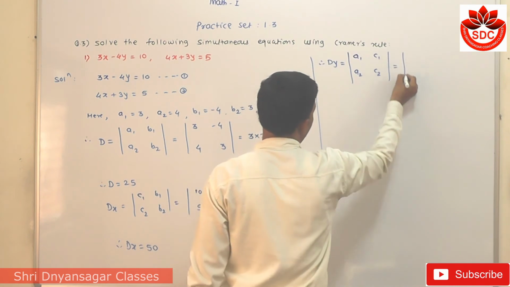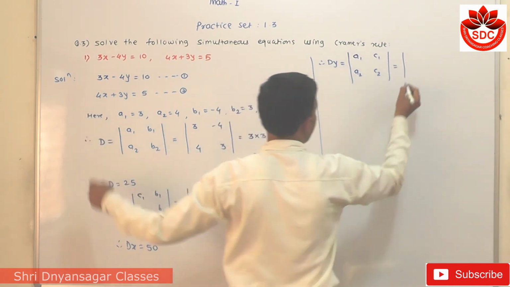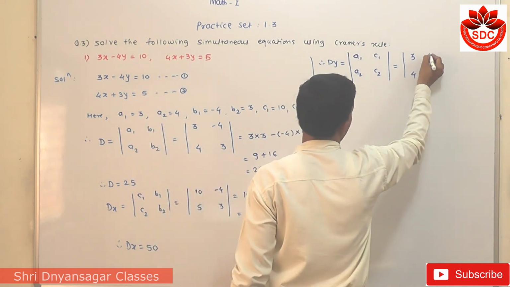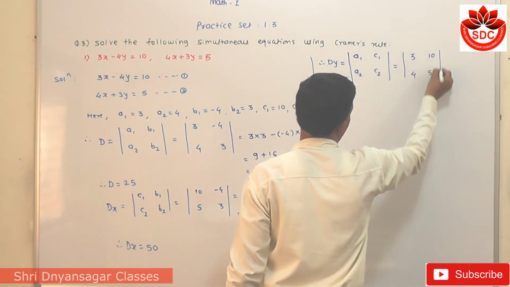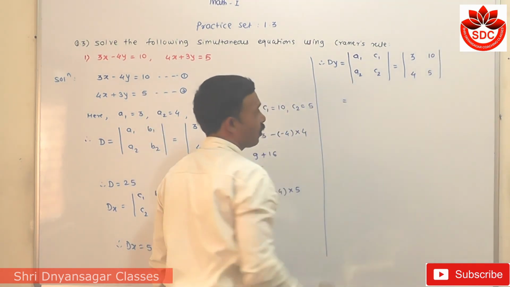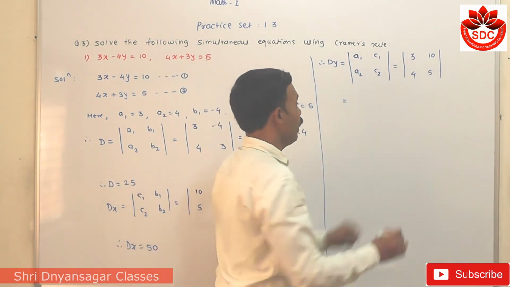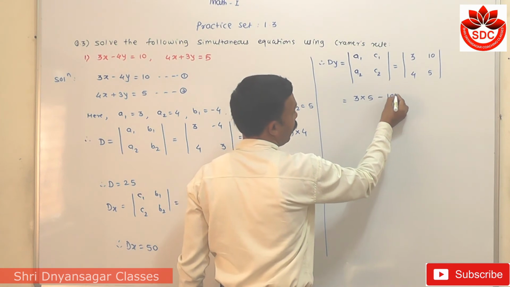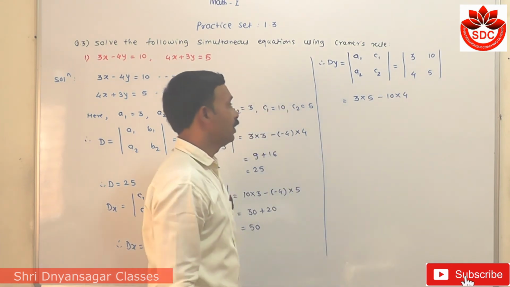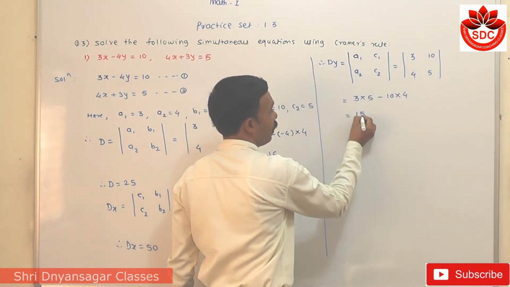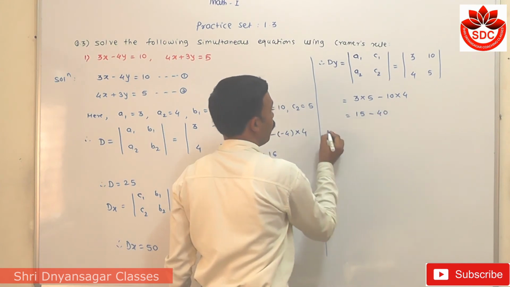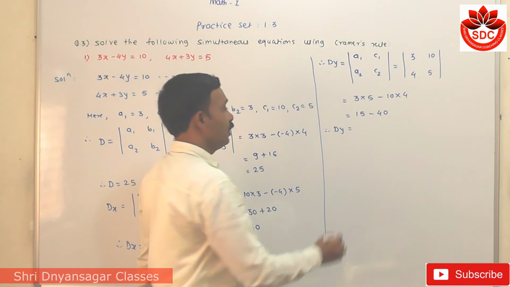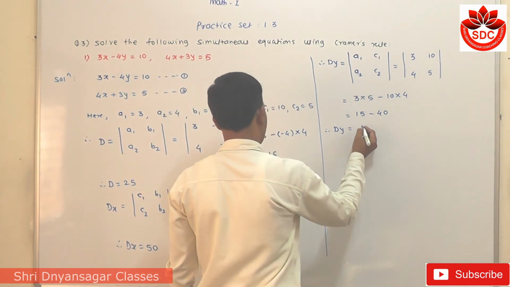The value of a1 and a2 in this example is 3 and 4, and the value of c1 c2 is 10 and 5. Then we find its cross product: 3 into 5 minus 10 into 4. 3 5s are 15 minus 40. Therefore the subtraction becomes minus 25.